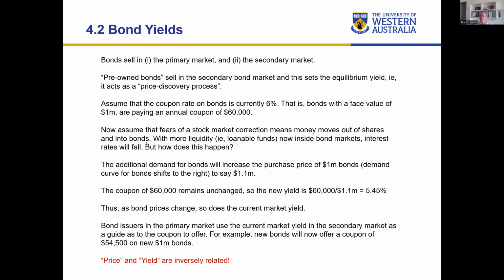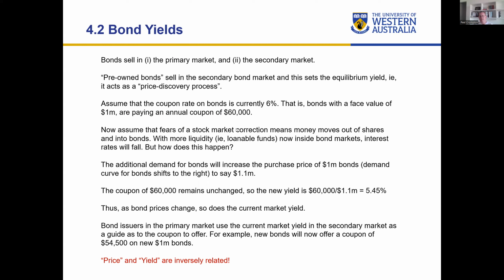With people selling their shares and taking that money and buying bonds, because bonds are safer than shares, that will increase the demand for bonds. It'll inject more loanable funds into the bond market. But in terms of the demand and supply of bonds, it will increase the demand for bonds.